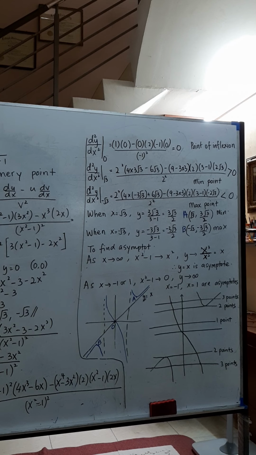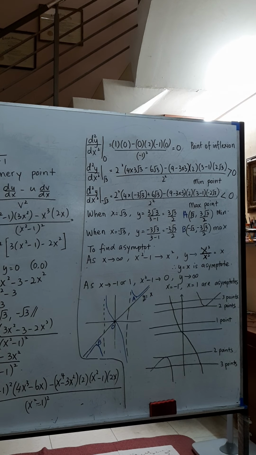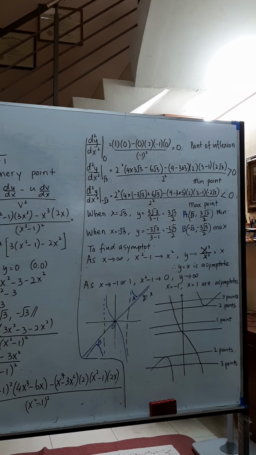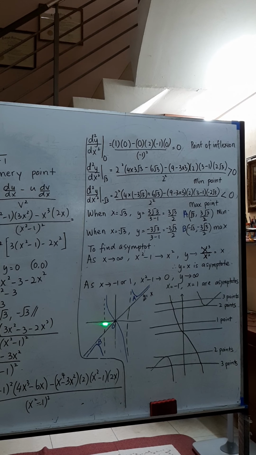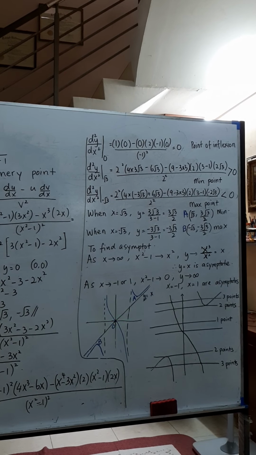So before you draw the graph, you draw the asymptotes. y equals x is an asymptote. Here, I forgot to label it. x equals minus 1 and x equals 1, those are the two other asymptotes. And using what we know about the stationary points, we have one inflection point at 0.